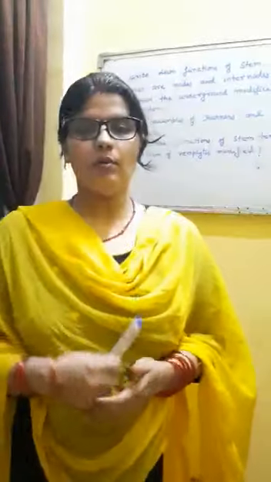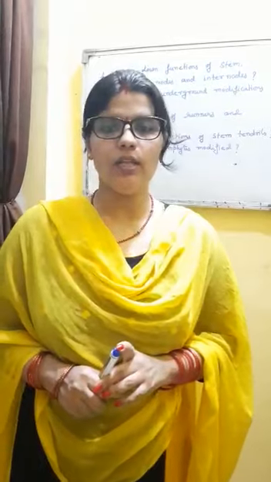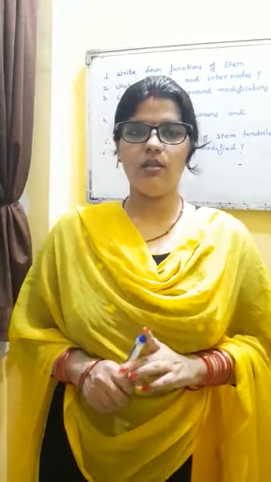So students, now it is your assignment time. Some questions are here. These questions are based on the topic of stem only. We have started leaves also, but that will be continued in the next video session. So today's assignment is based on the part stem only. The first question, write down functions of stem.